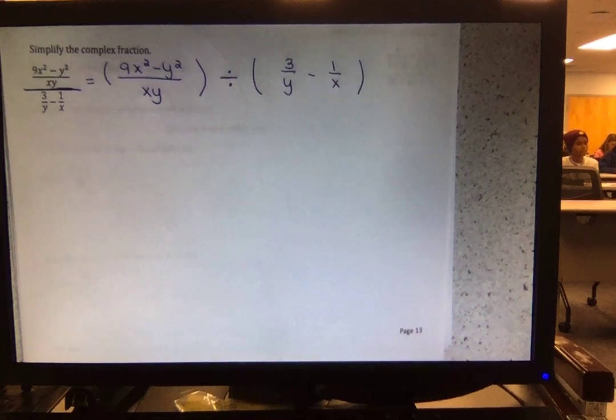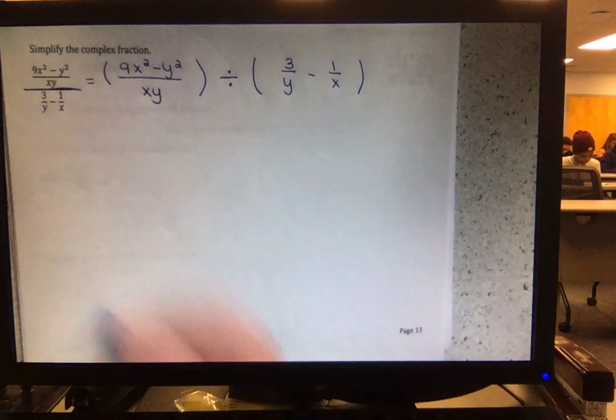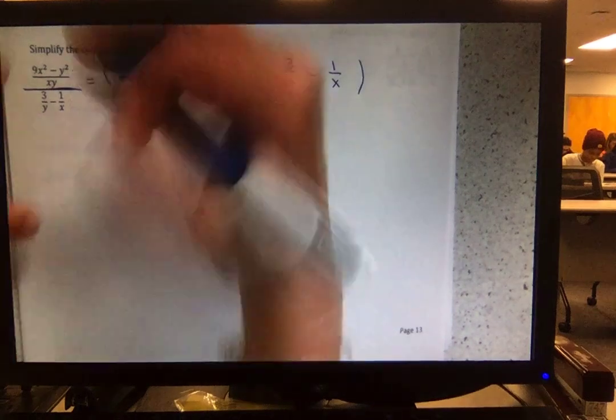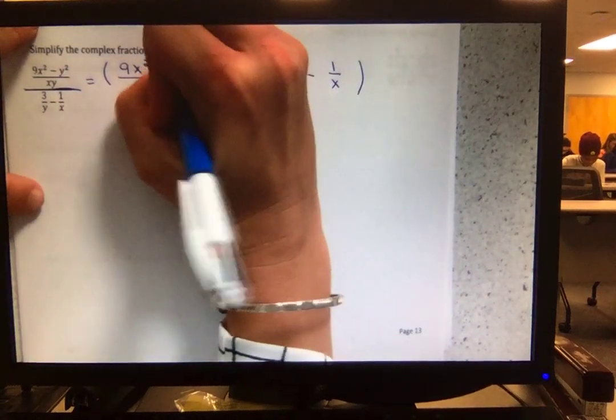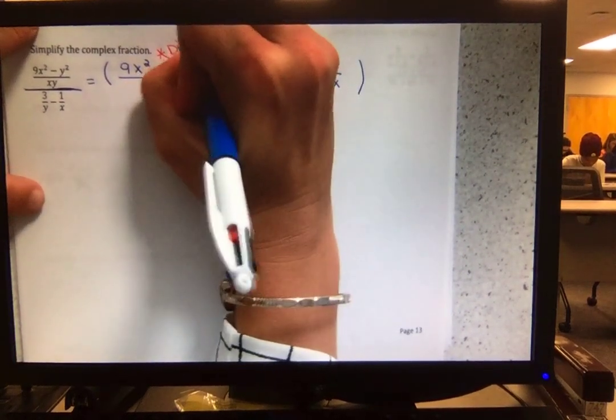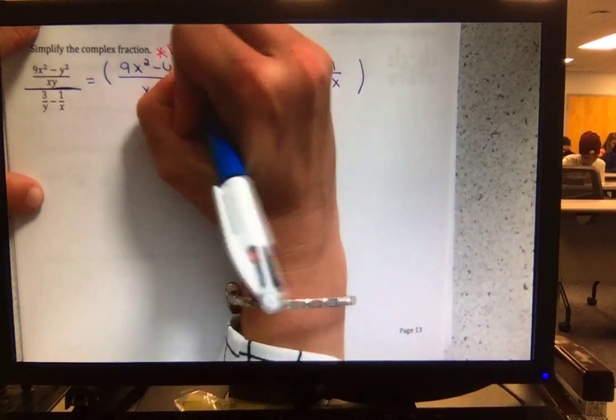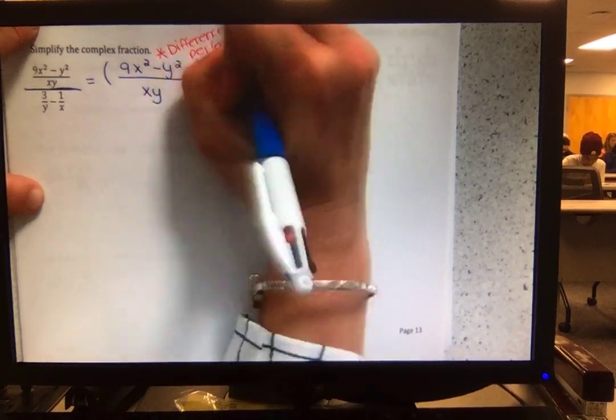So this first one, it's already in one fraction, so that's good. Let's try to simplify this one fraction. What do you notice, even though I already kind of gave you the answer? Difference of perfect squares up top. I notice that 9x squared is a perfect square, 3x times 3x. y squared is a perfect square, y times y. We're subtracting those, so we can factor using a difference of perfect squares.